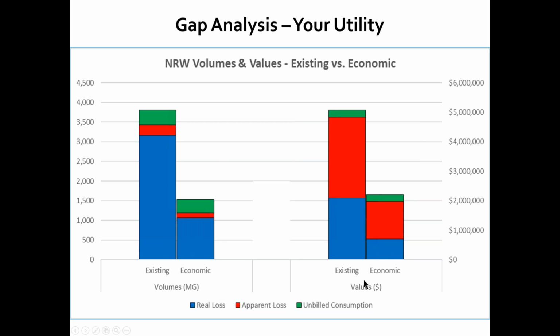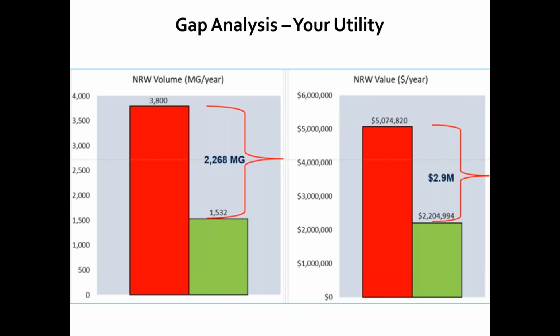Then over to the right, we express that same idea in values rather than in volumes. So here's an example from a utility where annually the non-revenue water, made up of the blue leakage, the red apparent losses, and the green unbilled consumption, was somewhere in the neighborhood of about $5 million a year cost-wise. Based on the volumes, their economic level of non-revenue water was somewhere around $2 million. If we roll those up without the subcomponents, it's a little easier to think about.